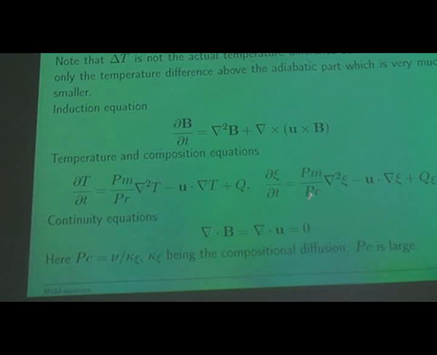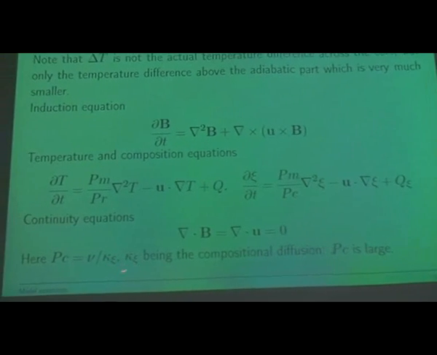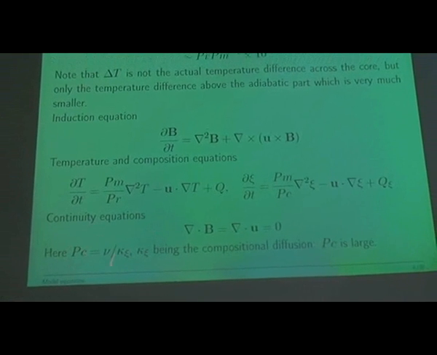There's one extra dimensionless parameter which has come in here, the compositional Prandtl number, the ratio of the viscous diffusion, kinematic viscosity, divided by the compositional diffusion coefficient. Compositional diffusion coefficients are always extremely small, so PC would actually be somewhat bigger than 1 on molecular values.